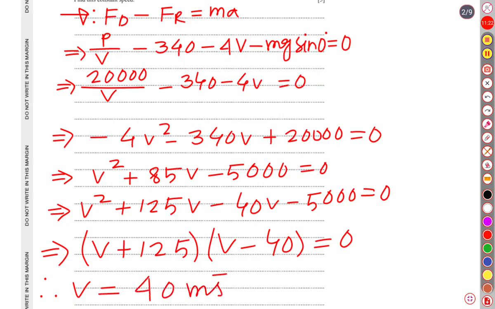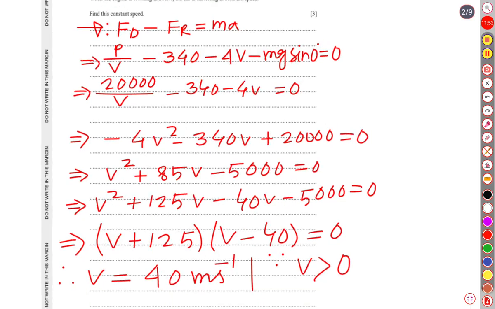Now you may ask a question, why are we avoiding the first factor? Because it is constant speed, and speed can never be negative, so v is greater than 0.